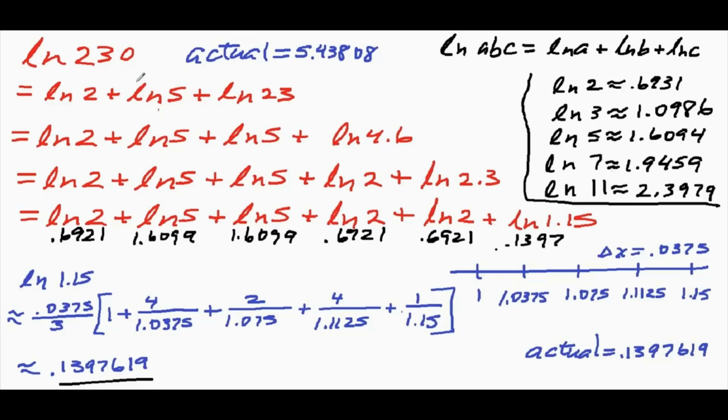And so adding these up, that gave me 5.43786, and that is really close to the actual. And that's with a log of a pretty big number. So with this system, you can take logs of pretty much any number you want.